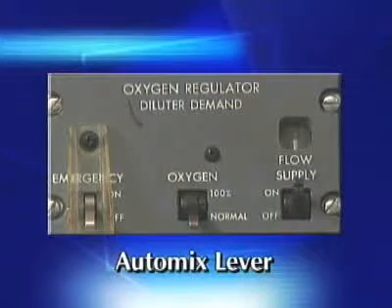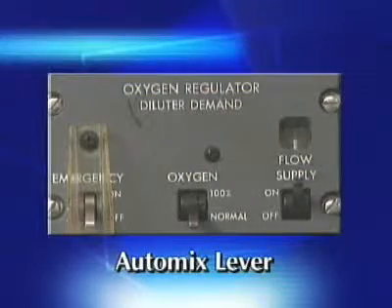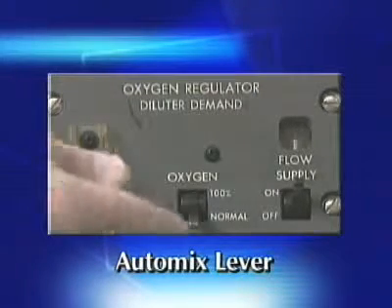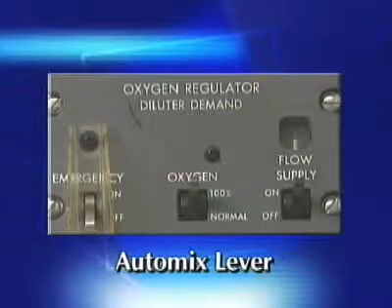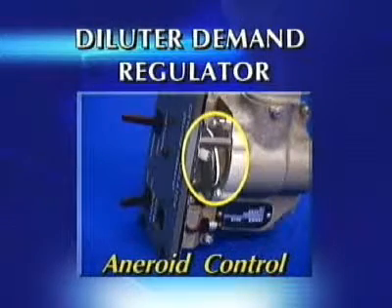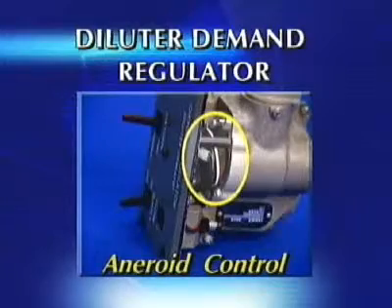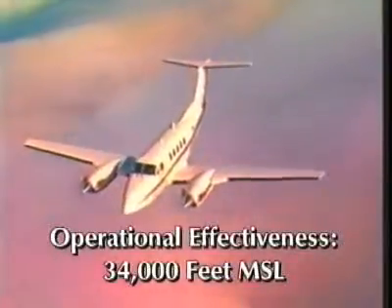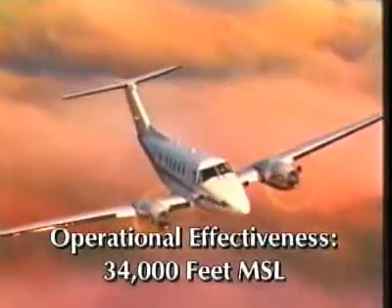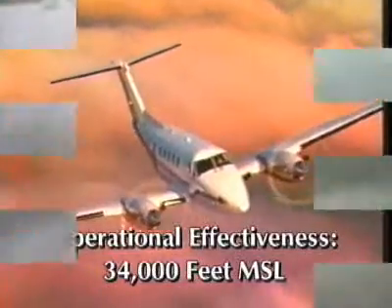It also incorporates an auto-mix lever, enabling the user to select either a mixture of cabin air and oxygen or 100% oxygen. In the normal oxygen setting, the regulator uses an aneroid control to automatically adjust the percentage of oxygen delivered. These improvements have increased the operational effectiveness of such oxygen equipment to 34,000 feet mean sea level.